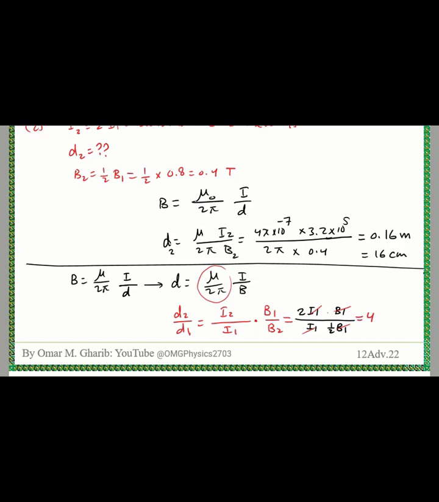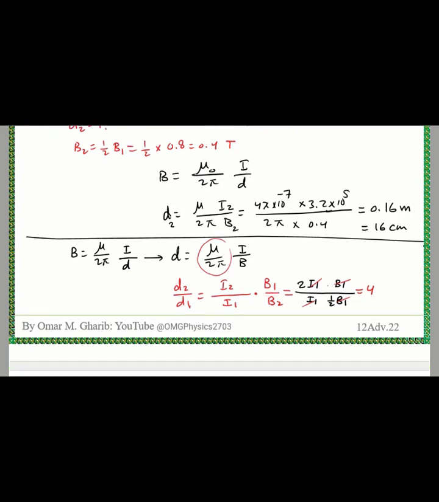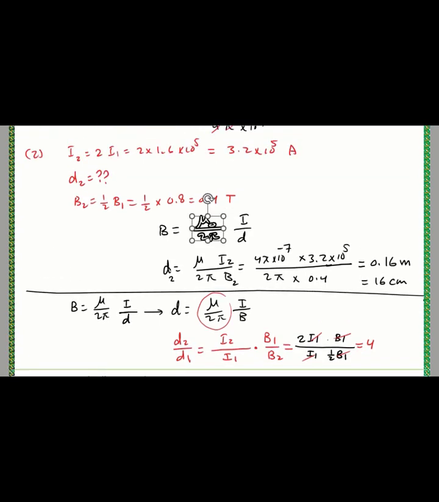If you don't know I1 and B1, you cannot use the first method to find I2 or B2. But here, if you don't know I2 or I1, B1 or B2, only that I2 is some multiple of I1 and B2 is some fraction of B1, use this procedure. It is much better than the one above.